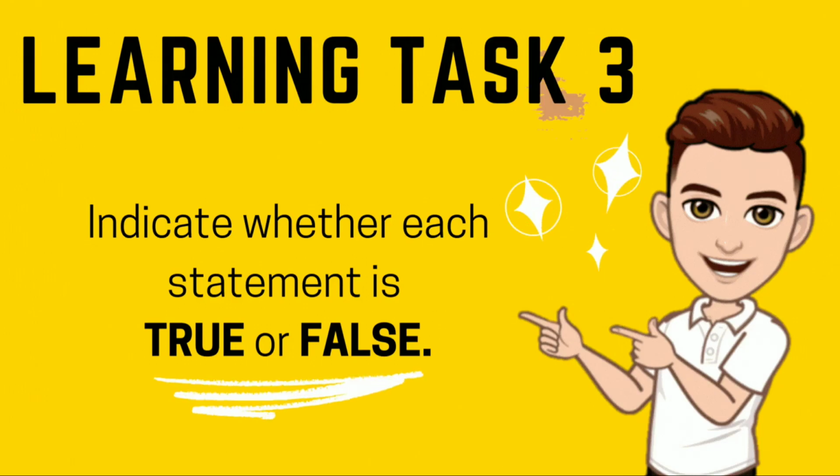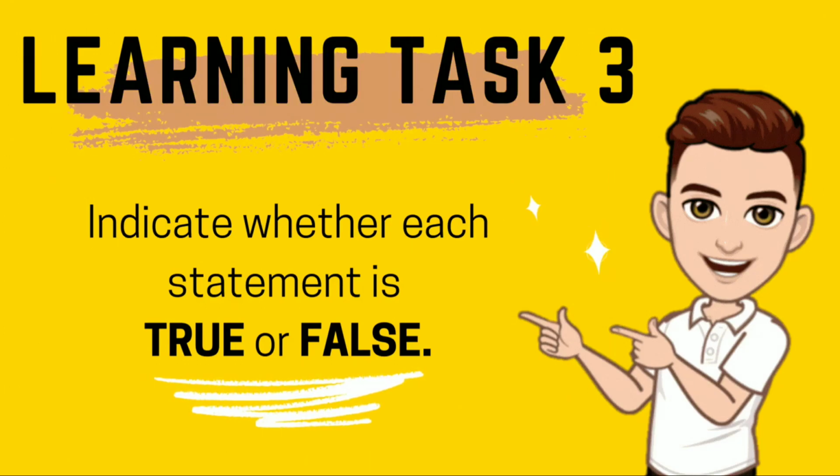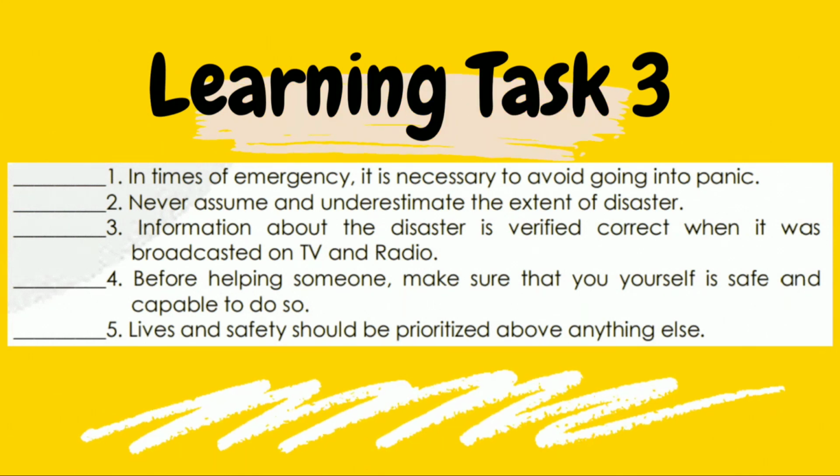And now, for our learning task 3, I want you to write true if the statement is correct and false if it is incorrect. Are you ready? Number 1. In times of emergency, it is necessary to avoid going into panic. Number 2.